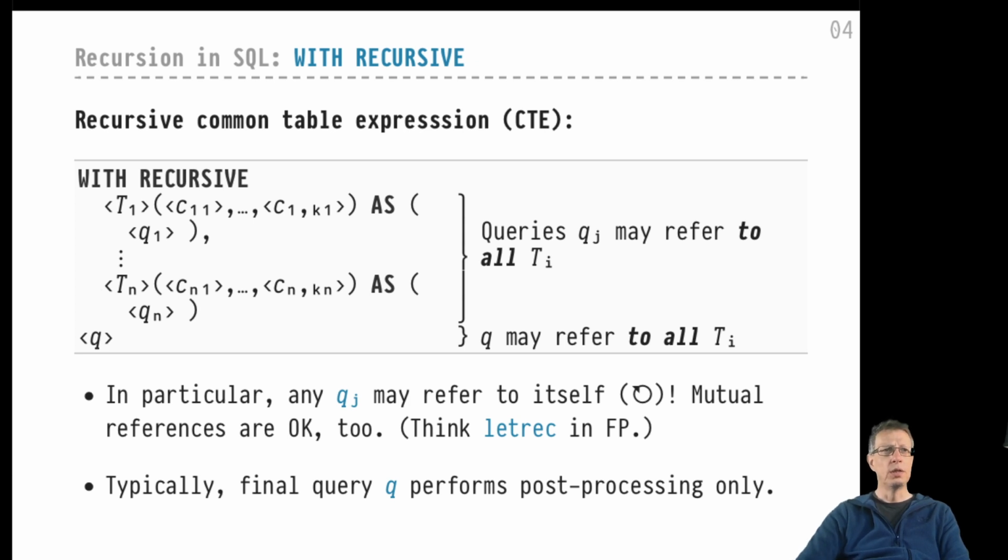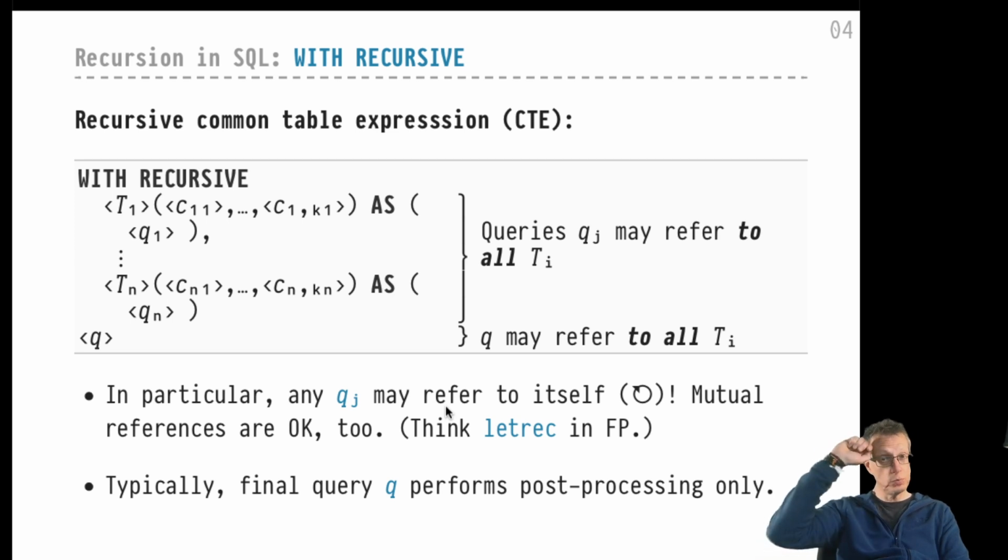Okay. The one particular interesting observation is that now any of these queries Qj may of course refer to itself. Qj may just refer to Tj itself. All right, so this is really a recursive reference, a self-reference of a query to the table that is currently computed by this query.